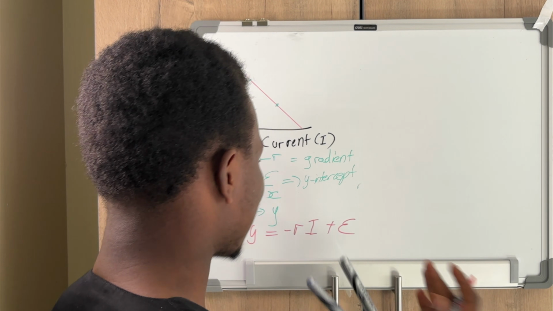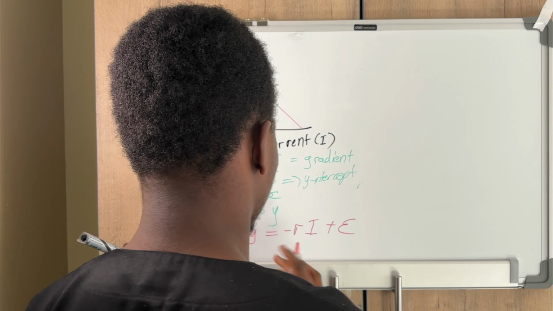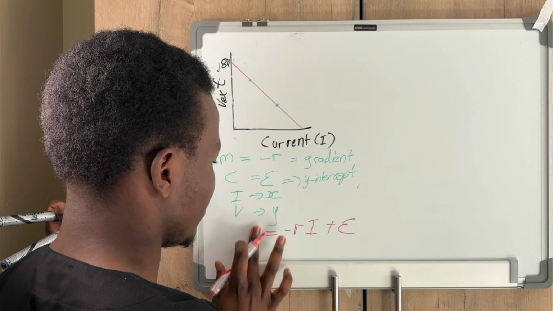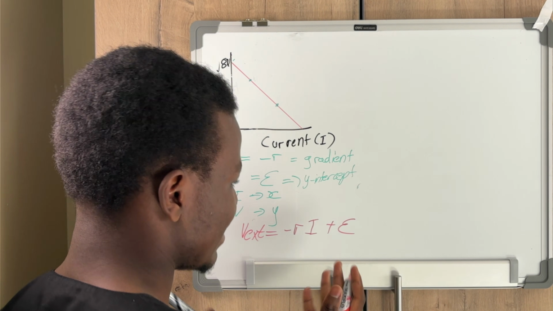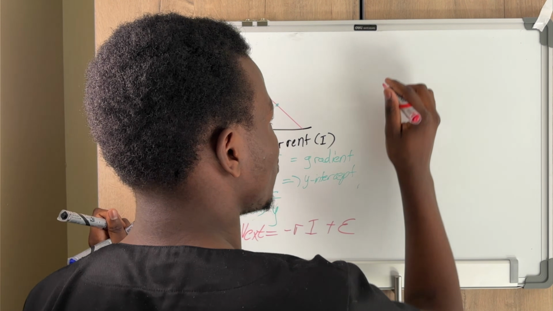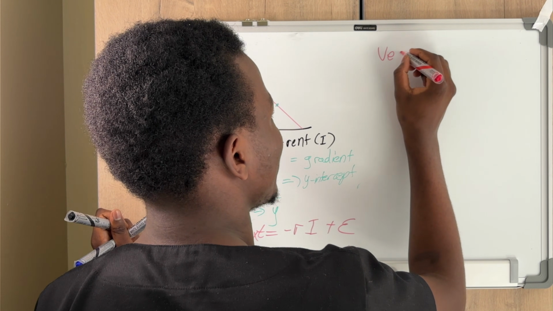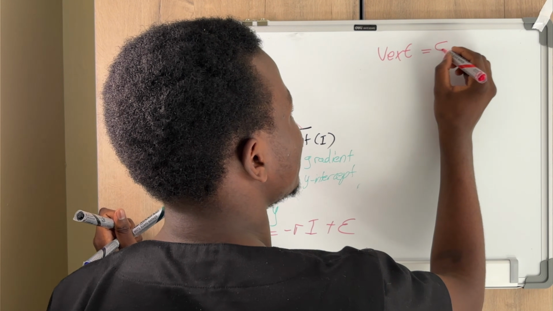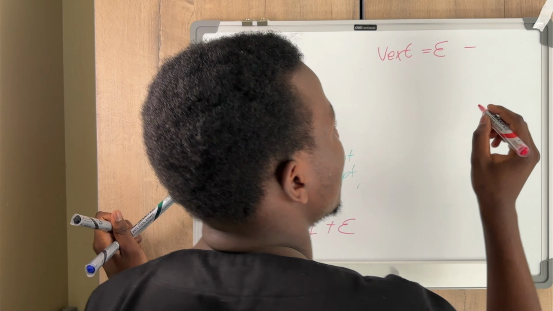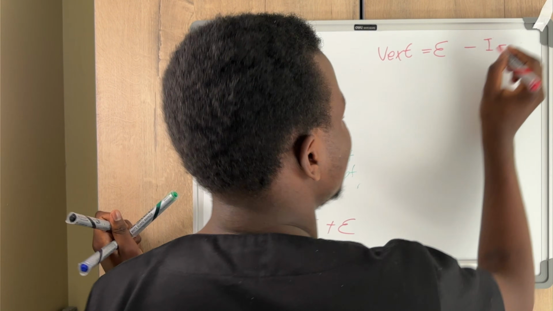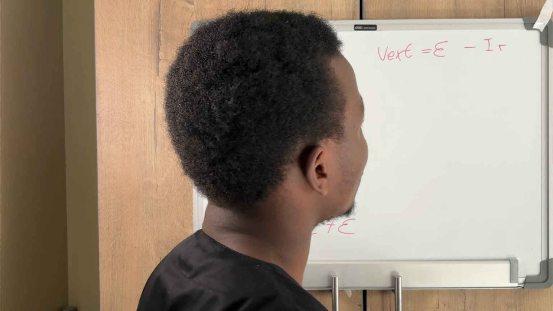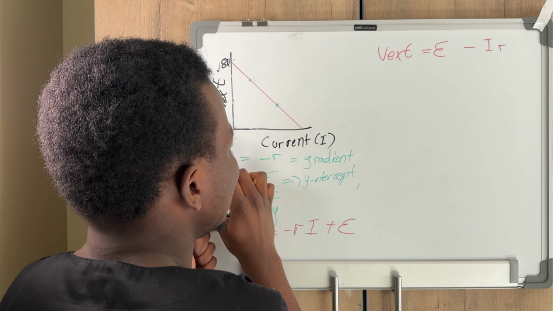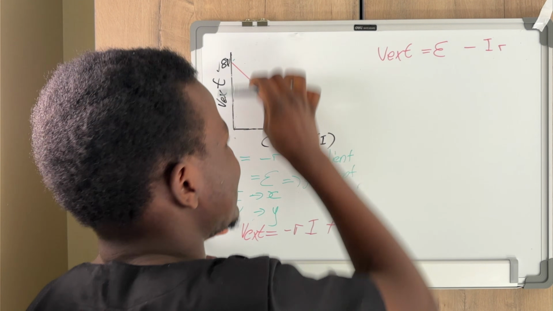So now let's understand this equation. This y is V external. So now in this equation we're just going to write it in a nice way, and then we say EMF minus what? Minus IR. We just shifted this. So now, how is it that when current increases, the V external decreases?